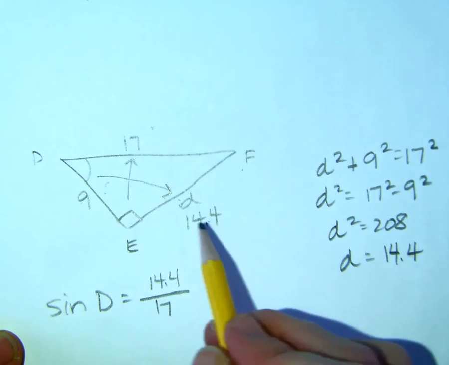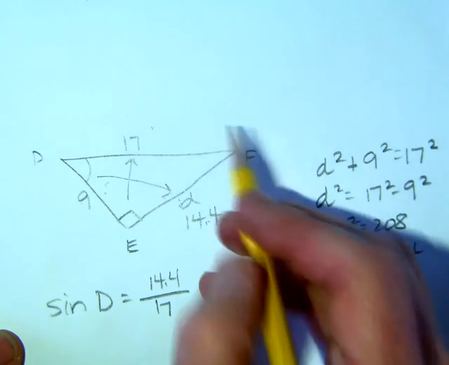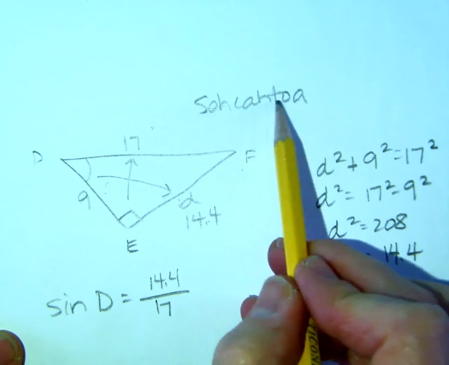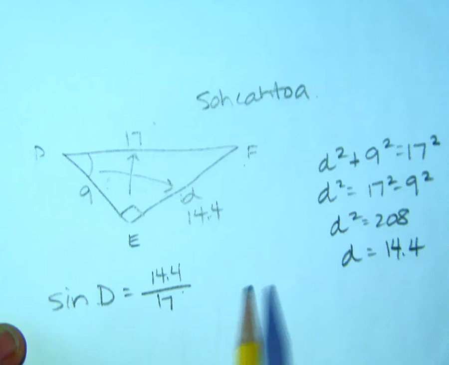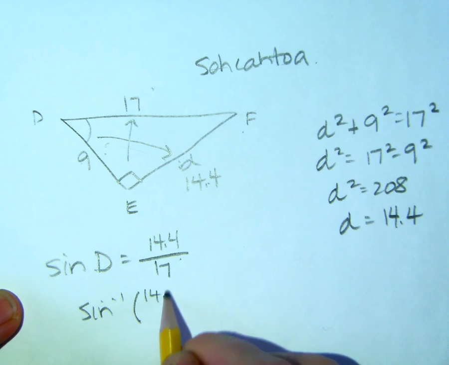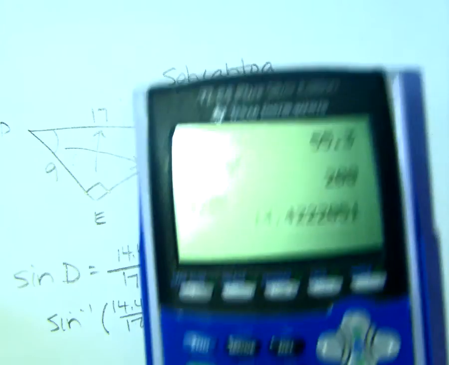And again, I could have used tangent, or you can use cosine, it really depends on which two sides you choose to use. So SOH CAH TOA, which two sides you're going to use, tells you which function you're going to use. And then again, I have the ratio, I want the angle, so I take the inverse of the ratio, and it will tell me what the angle is.